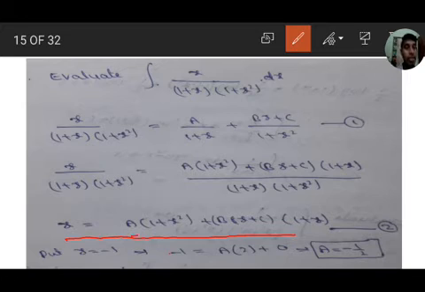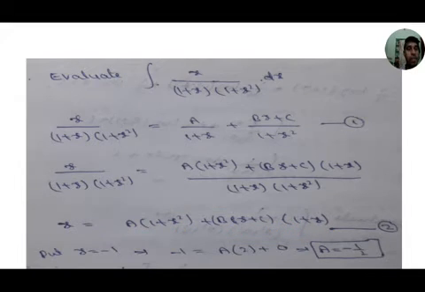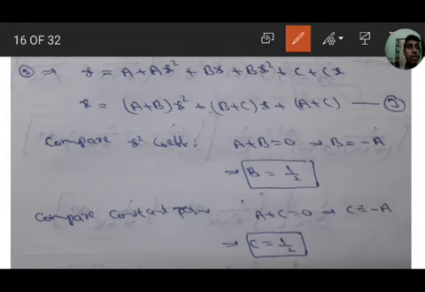Multiply a into 1, a; a into x square, ax square; bx into 1, bx; bx into x, bx square; c into 1, c; c into x, cx. And compare the coefficients, we get the remaining terms. Simplification: x equal to a plus ax square plus bx plus bx square plus c plus cx.